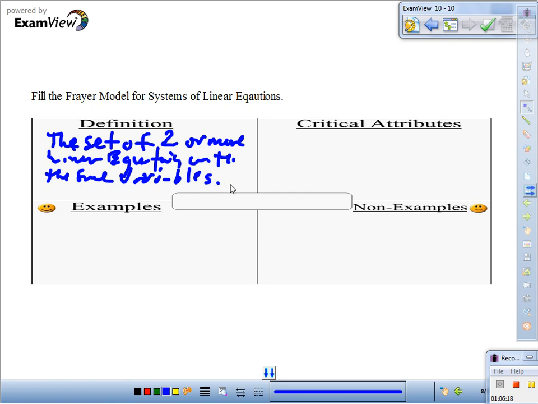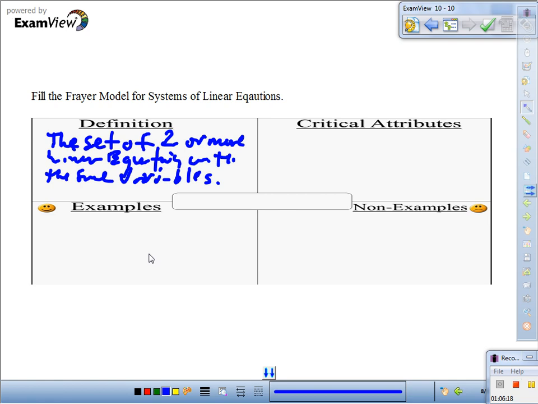Hands if you got that, or something like that. The set of 2 or more linear equations with the same variables. Not at least 2 variables. Same variables. If you say variables plural, it implies that. It says the set of 2 or more linear equations with the same variables.